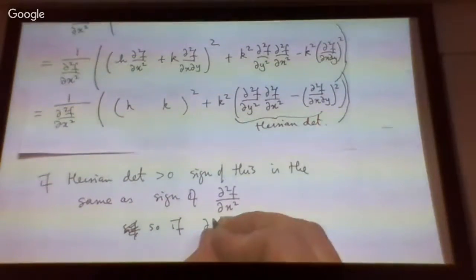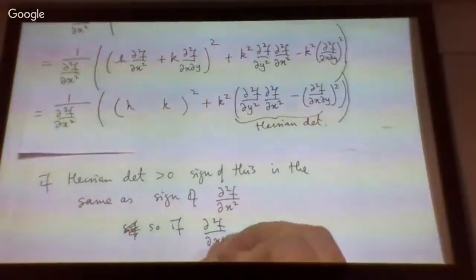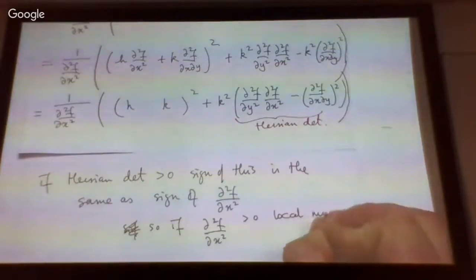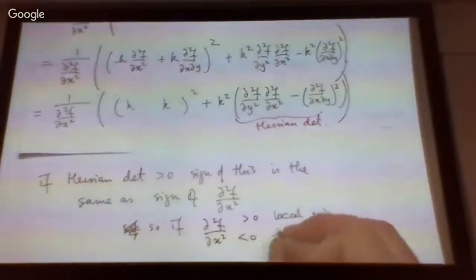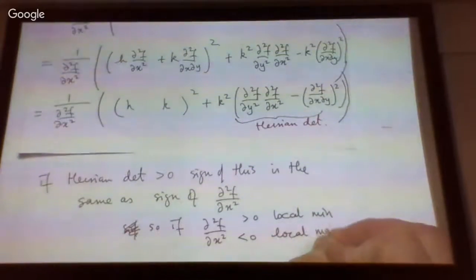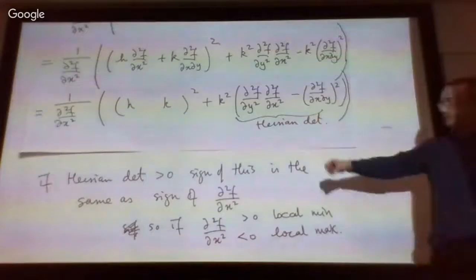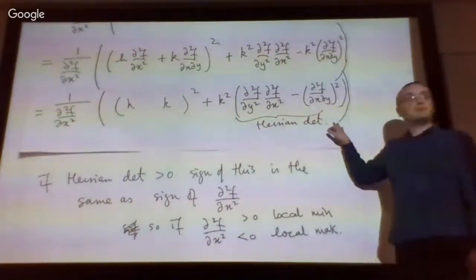So if d2f dx squared is greater than 0, it's a local minimum. If it's less than 0, it's a local maximum. But that's all if the Hessian determinant is positive.